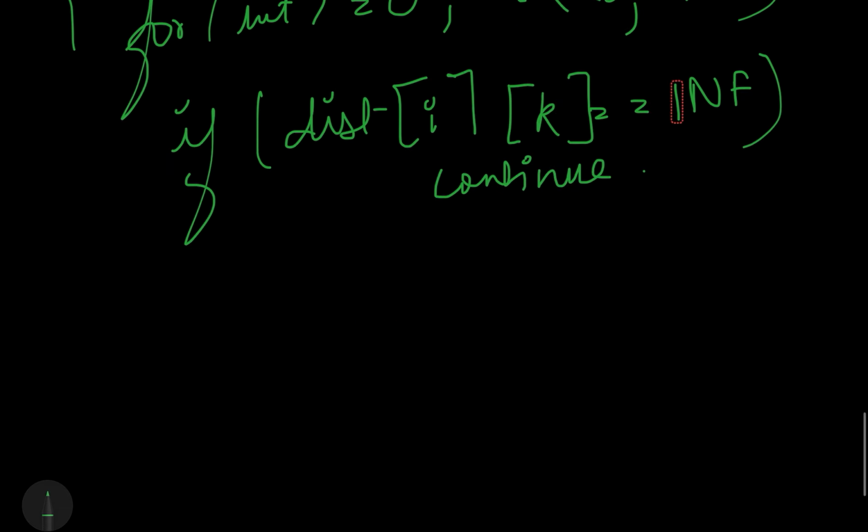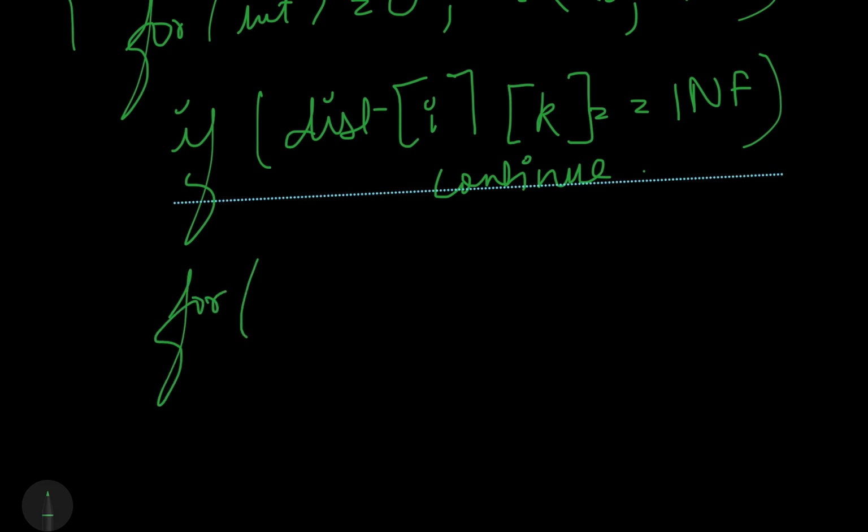Why? Because then both the characters are same, therefore their cost is already 0.